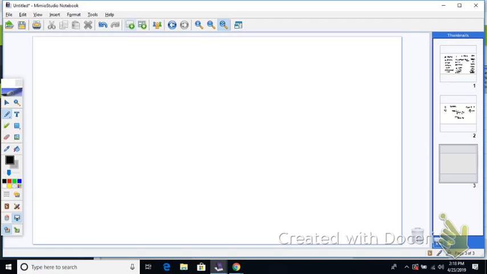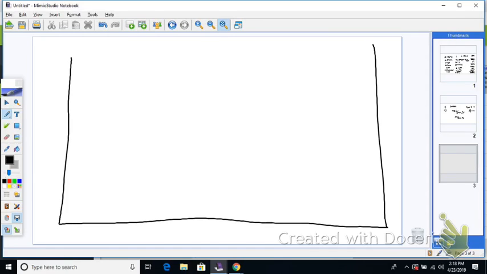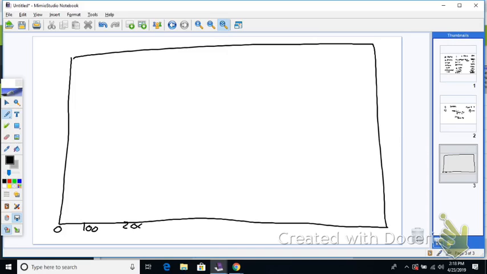So number 3, you've got this box. We're going to make a histogram. What is a histogram? Bar graph. Okay? So 0 to 100, 200, 300, 400, 500, 600, 700, and 800.